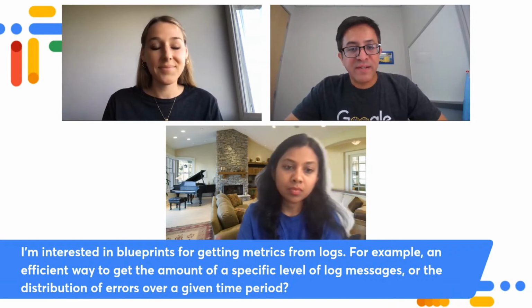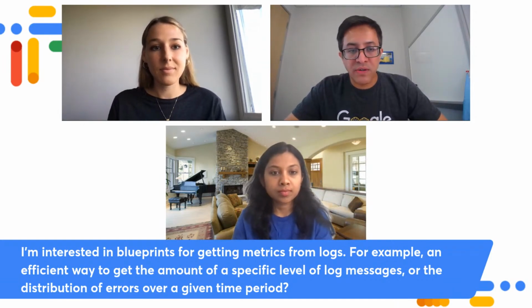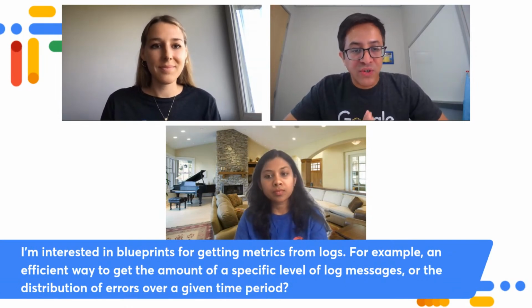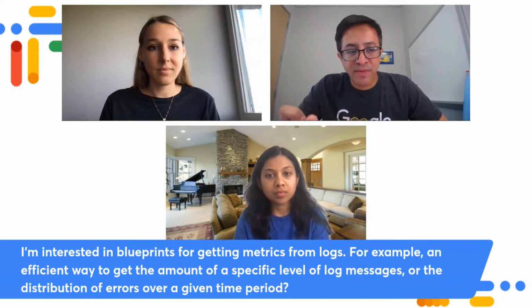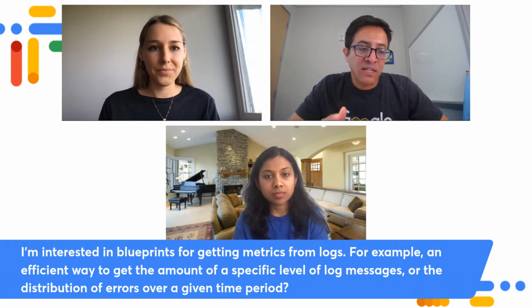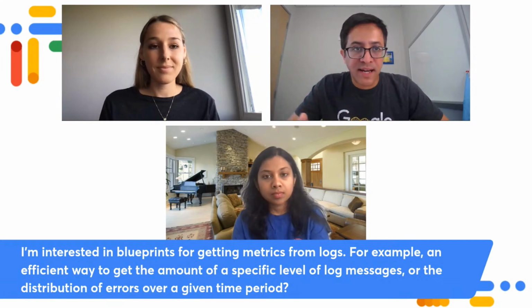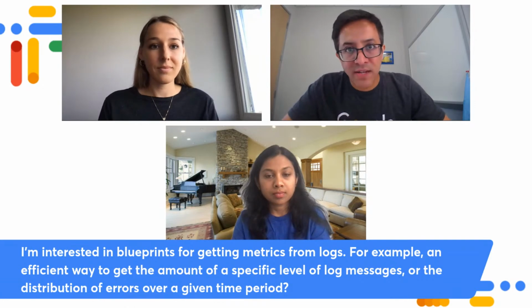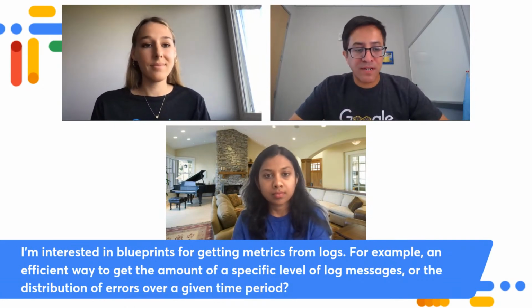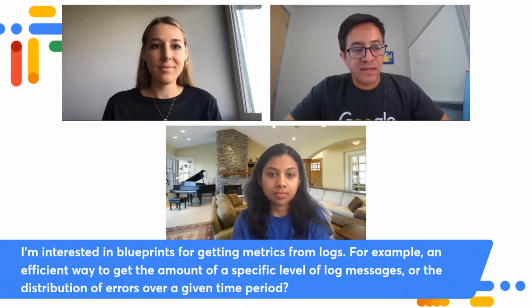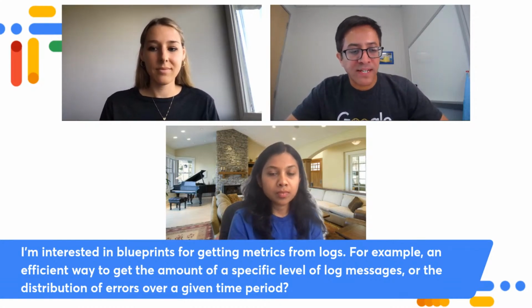So if you are interested in particular fields in the log message, you can just create a log-based metric. Or you can also create a distribution metric instead of a counter metric, which extracts some numeric value from the logs and creates a distribution so that you can build a heat map like chart, or you can also look at percentiles of the value to understand, for example, latency values in logs, right? So log-based metrics is one way. The other way is using log analytics. The difference here is log-based metrics operate at ingest time.